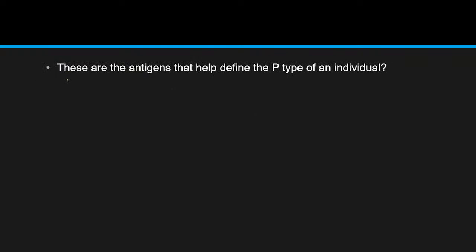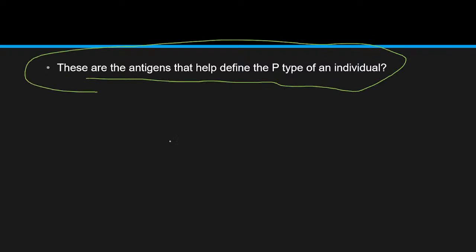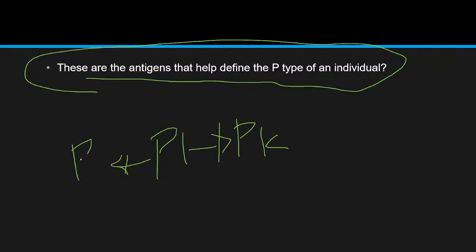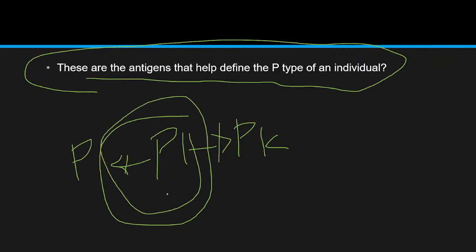And the function of those two is only to define the P type of the individual, because P1 interacts with both PK and just P. Without these two, we cannot determine the P phenotype of the individual.